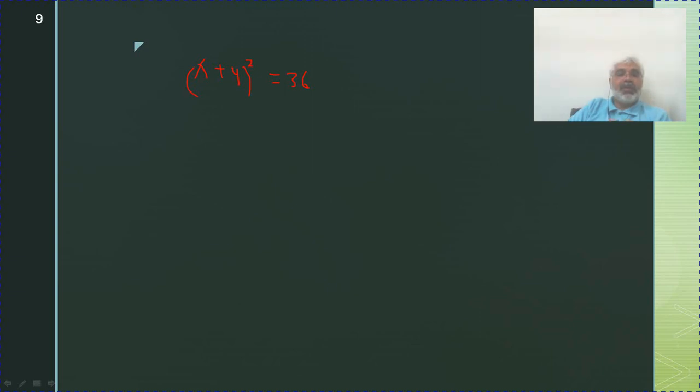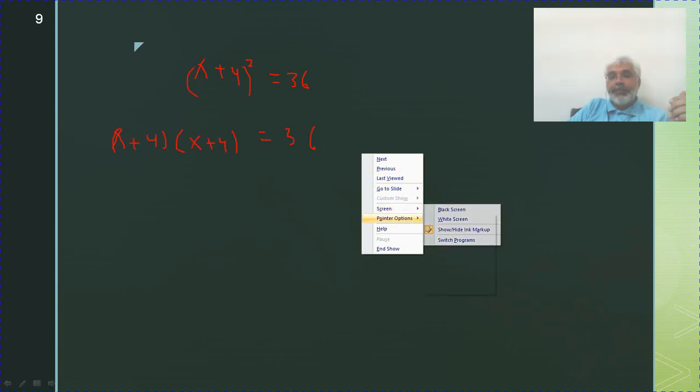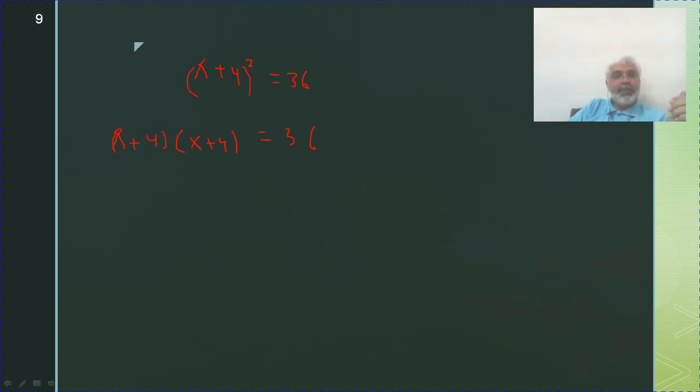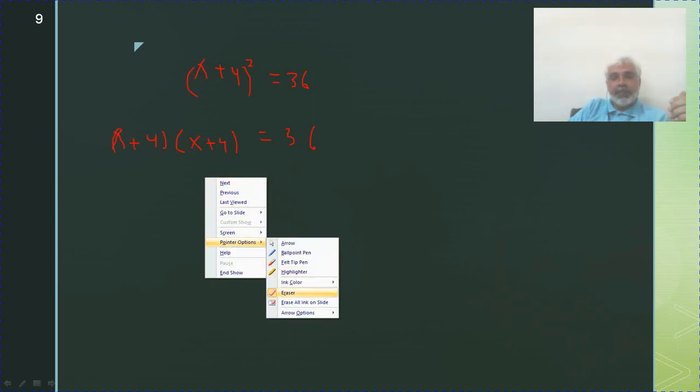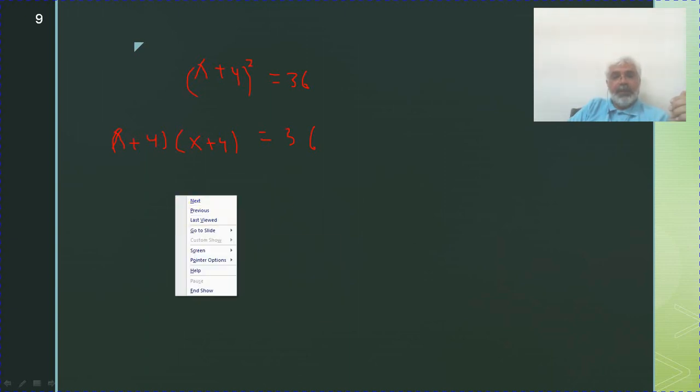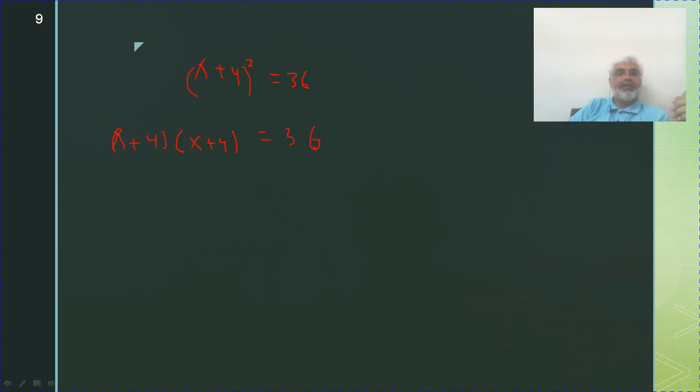What if we wanted to expand (x plus 4) squared? (x plus 4) squared is x plus 4 times x plus 4 equals 36.